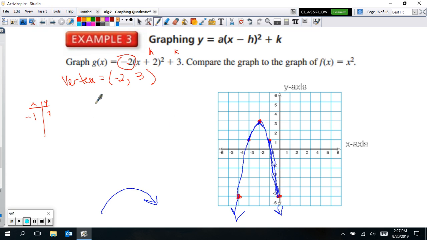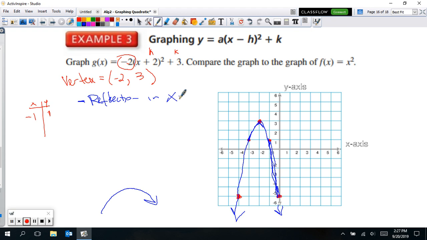Let's talk about how this is different, though. We have a few things to talk about. How is it different from our original? So let's talk about reflection. It opened down. That's a reflection. But we always want to talk about it in a certain axis. Is this the y-axis or x-axis reflection? What's it reflecting over? Yeah, it's reflecting over the x-axis.